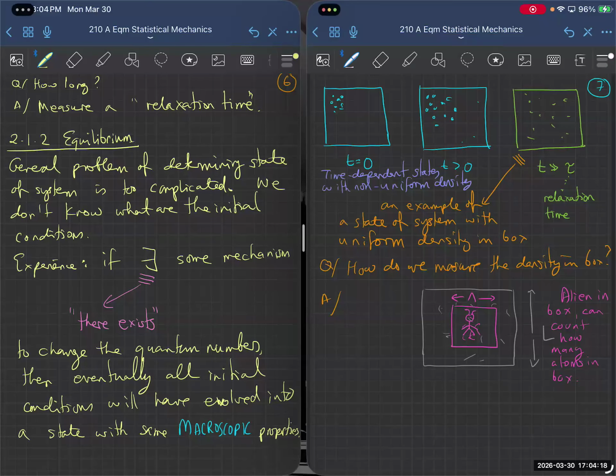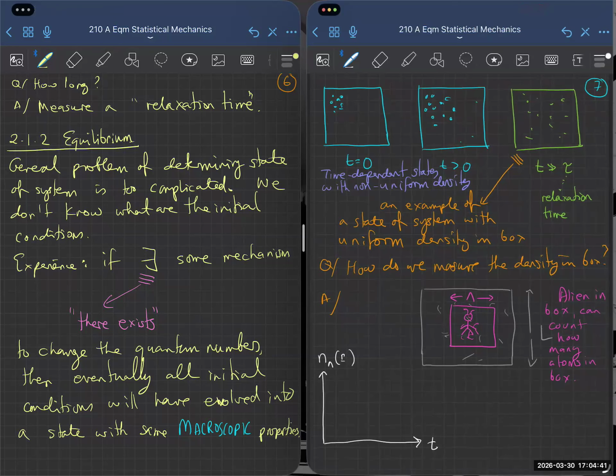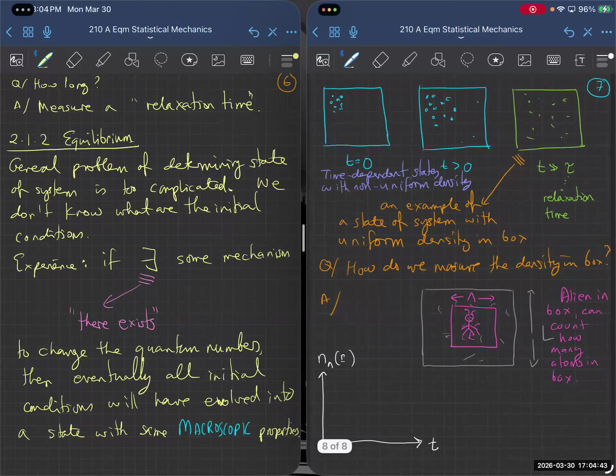Let's suppose that I plot up here time, and over here the number of particles in the box at position R, and that position R is going to be somewhere like in the middle of the box.